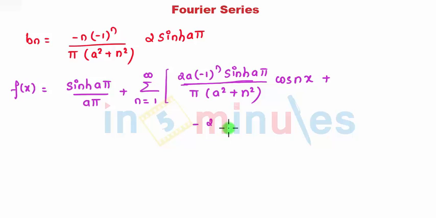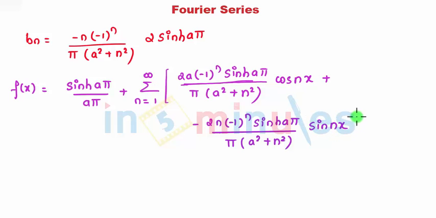A is not there, there is only minus of 2n (-1)^n and sinh(aπ), the whole divided by π into a² + n², into sin nx. So this is my final series which I got.